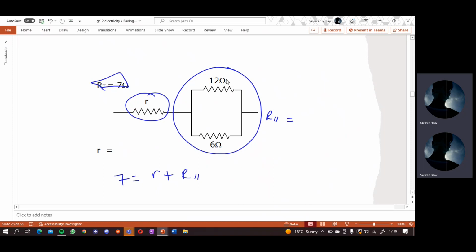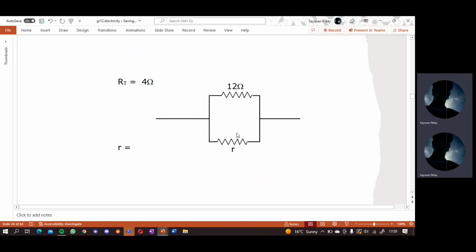How do we find R parallel? 12 inverse plus 6 inverse, all inverted, and that gives us 4. Okay, 4 ohms. So if R parallel is 4 ohms, then this R has to be, sorry, 3, if everything is 7. So this is equal to 3 ohms, right? This has to be 3 ohms because 3 plus 4 is 7. See how easy that is?